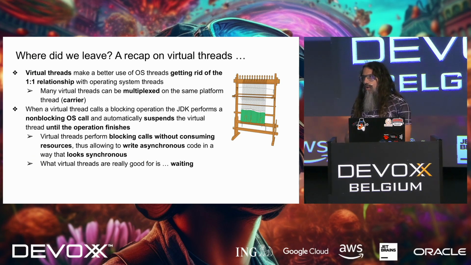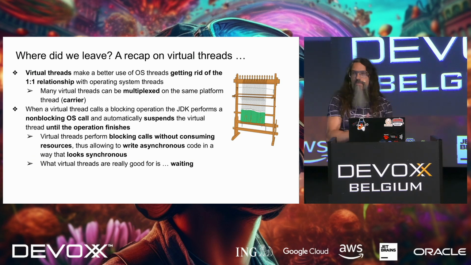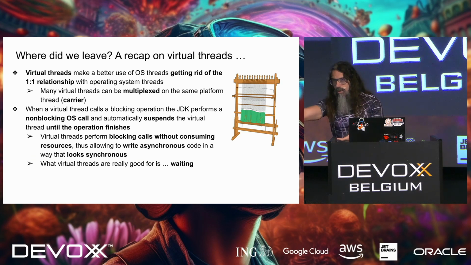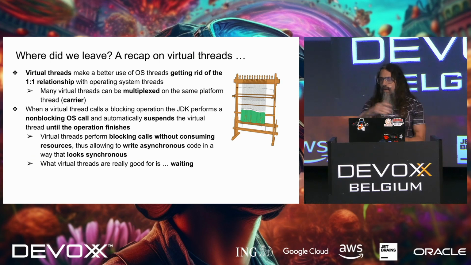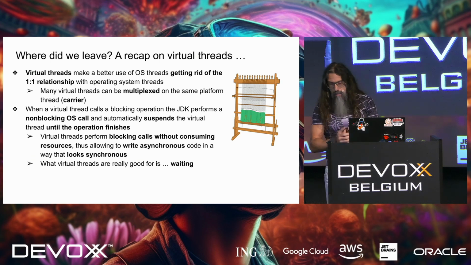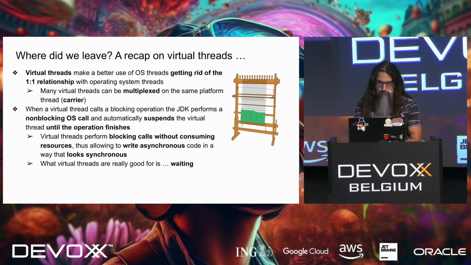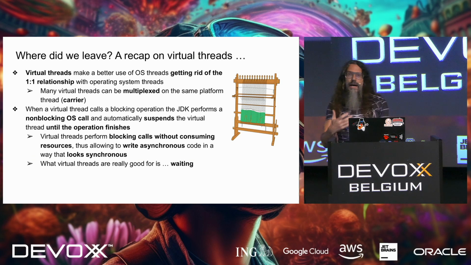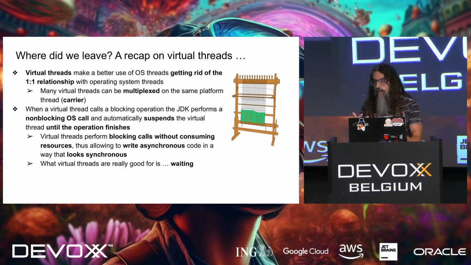When a virtual thread performs a blocking operation, that virtual thread is unmounted from the carrier, so it gives space to another virtual thread to make some progress on the same carrier thread. And when the blocking operation finishes, the virtual thread is ready to be mounted on a carrier, which is not necessarily the same one where it was unmounted.